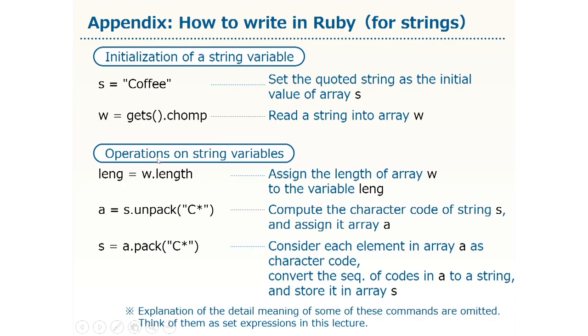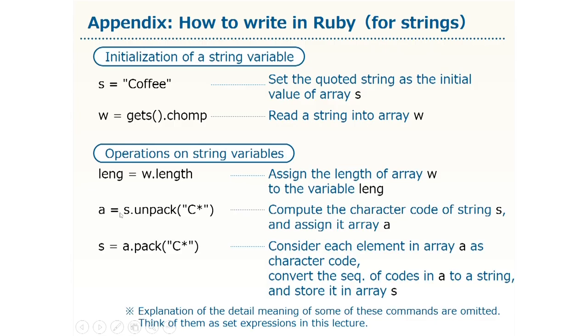A string is an array, so we can manipulate it like we manipulated standard arrays. If we write dot length like this, after the name of the array, it will tell you the length of the array. We can keep this length information by storing it into a variable, in this case, length.